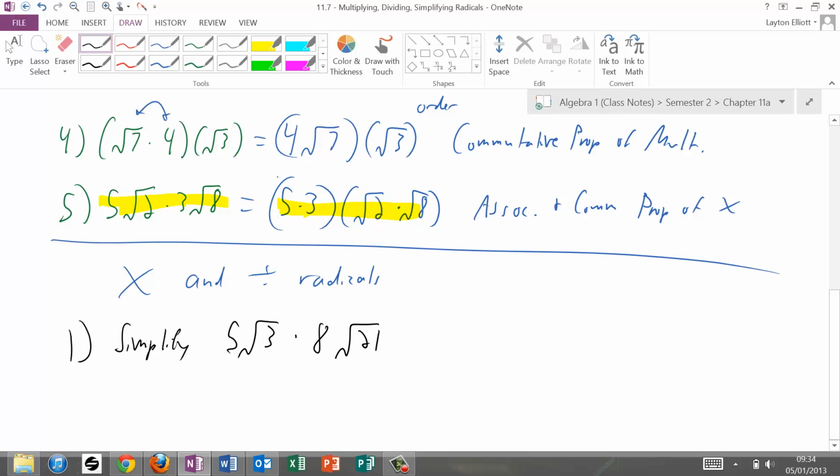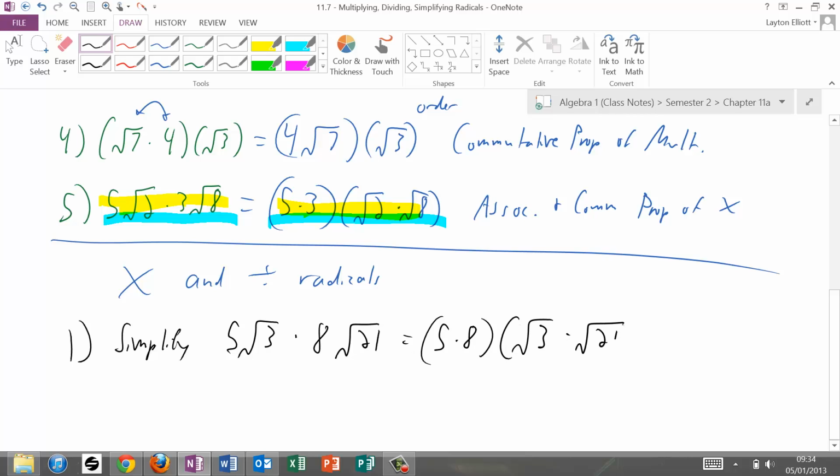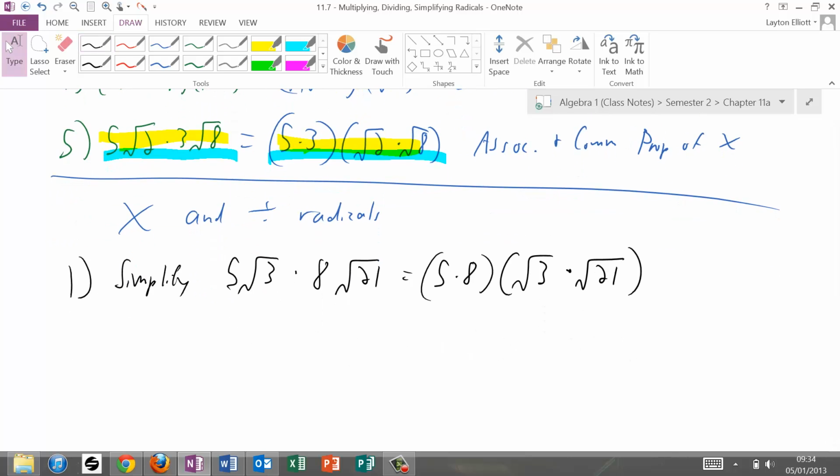If I do what I did up here, I take the constant parts, the rational parts, 5 times 8, and I group together the radical 3 times radical 21. I'm not changing anything other than the order I'm multiplying in, but I can do that with multiplication. 8 times 5 is 40.